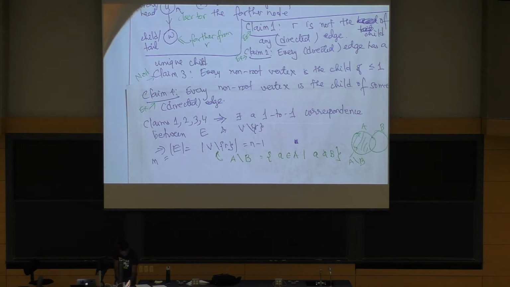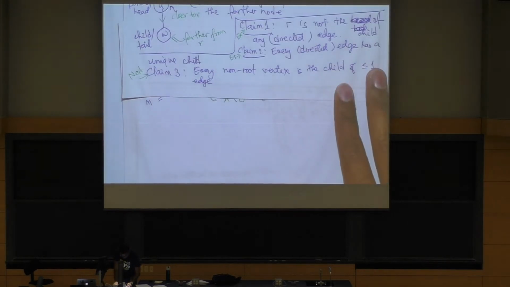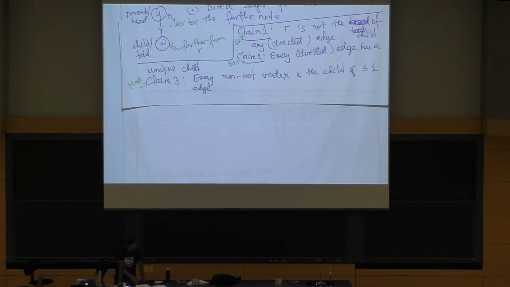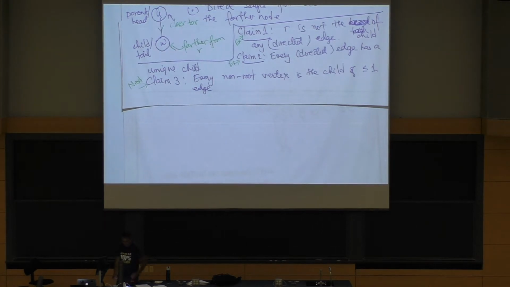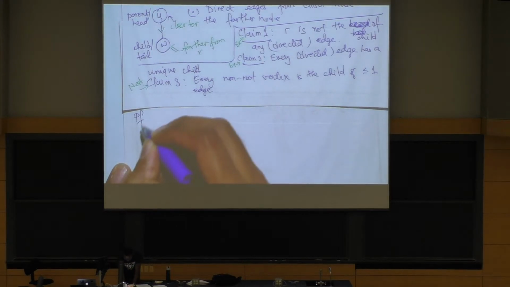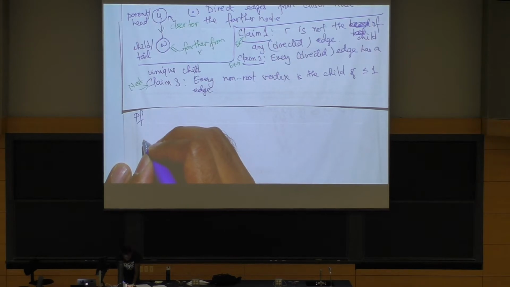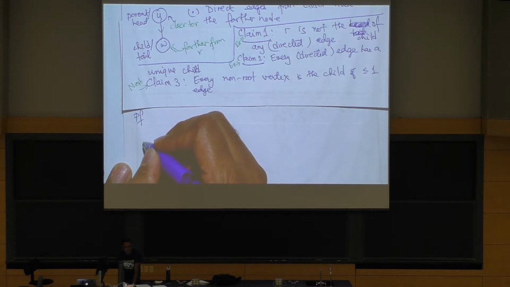All right, so let's prove claim 3. So again, we want to argue that every non-root vertex is a child of at most one edge. So what I'm going to give you now is somewhere in between a proof idea or proof details.